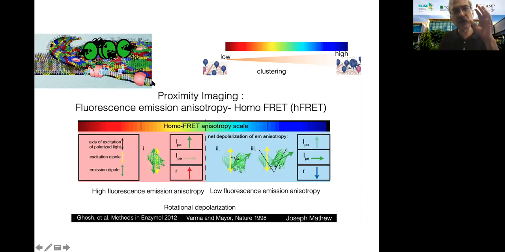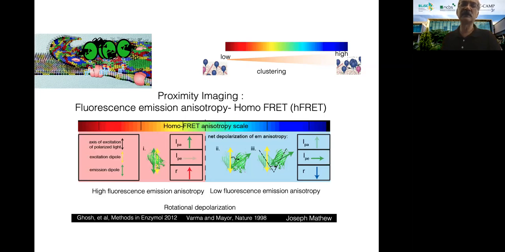Okay, so to measure this proximity, we, as I said, used this FRET technique called homoFRET, where you excite fluorophores with polarized light, and then if you have a fluorophore of its same kind, which is capable of accepting the energy in the excited state of the photoselected donor, then that energy will transfer to this neighbor, and that neighbor will now emit fluorescence in an orientation that is very different from what its initially excited donor was carrying.